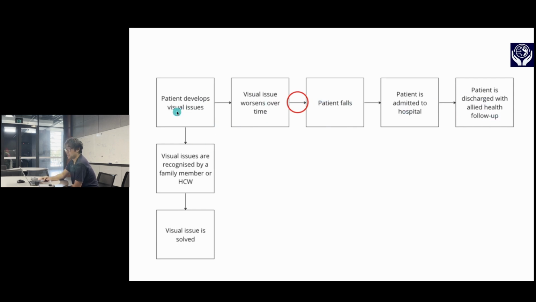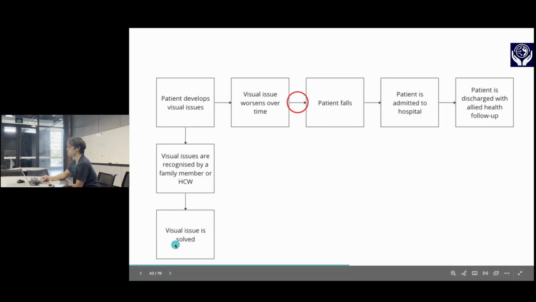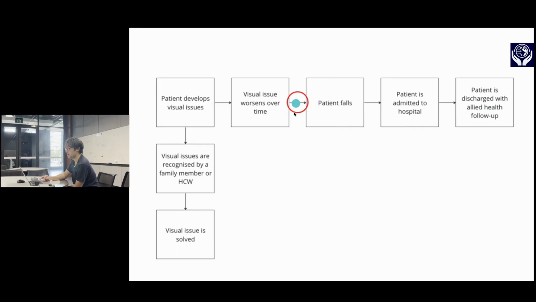In another set of circumstances, maybe the patient develops visual issues, then they're recognized by a family member and then the visual issue is solved. So you can see how you can tackle different parts of the patient journey. If we're fixing just the fact that they're falling, we miss out on this early part here. So what if instead we fix this part here, so they never develop visual issues and therefore never have a fall? Or we decide that the problem is later.